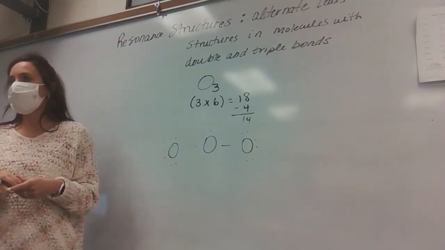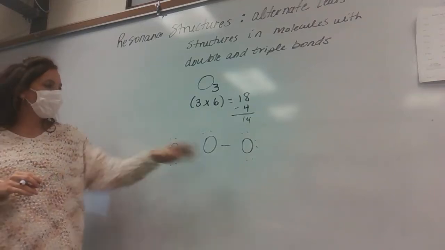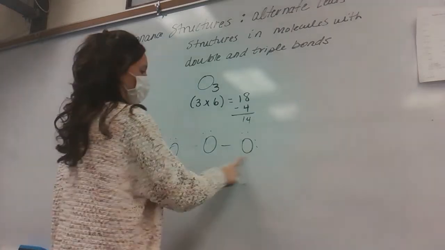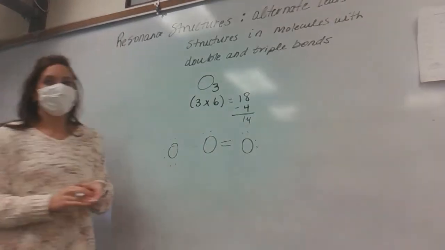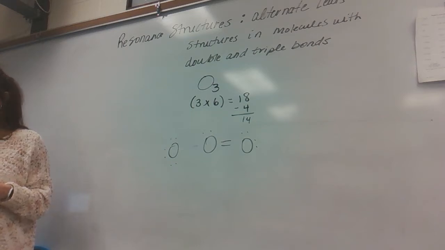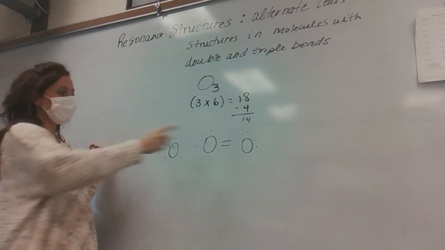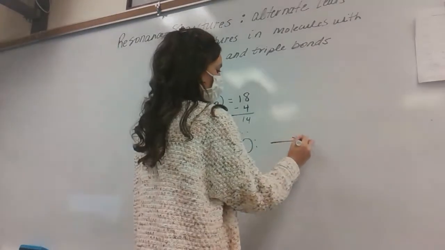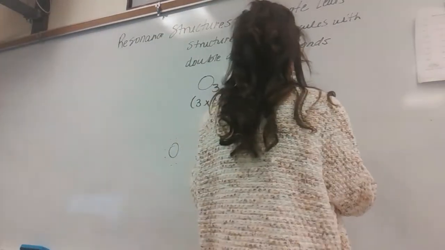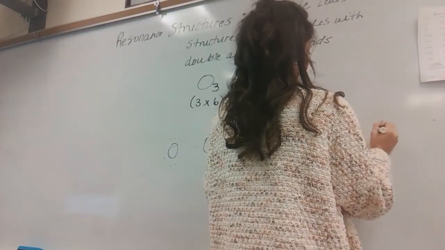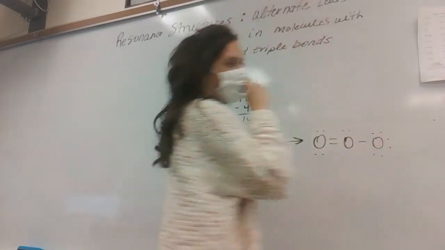My octets are not full. My outer oxygens are fine, but my inner oxygen is not. And then, because of resonance, because this bond is kind of going back and forth between these 2 places, we have to draw it both ways.